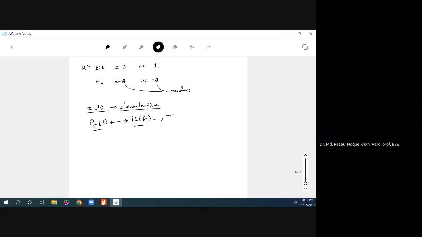It's T sinc function of fT. How did I get it? The Fourier transform of this p(t) is expressed by this one.